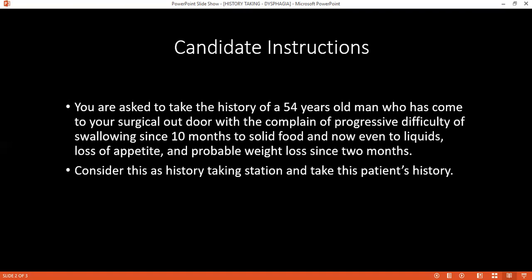Okay. Is there anything which makes this swallowing difficulty worse? No. Is there anything which makes it better? No. Do you have any pain while swallowing? Just mild discomfort. Do you feel any food stuck at the back of your throat?